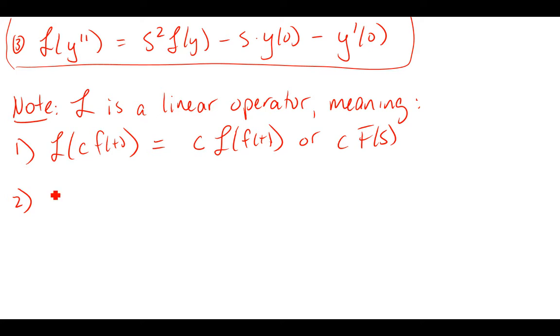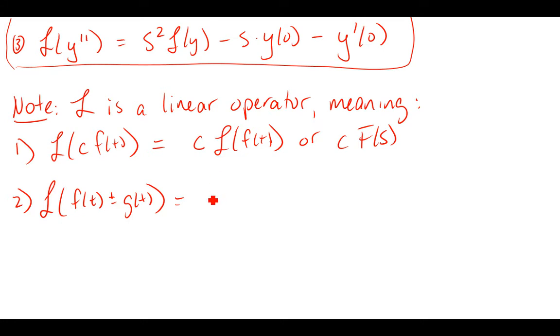Okay. And similarly, also not a big deal, is what happens if you have more than one function, and you're adding or subtracting. Well, again, I'll remind you, the Laplace transform is simply an integral, and we all know very well that if you have an integral of a sum of two functions, you could just as easily do the integral of each one separately and then add them up or subtract. Right?